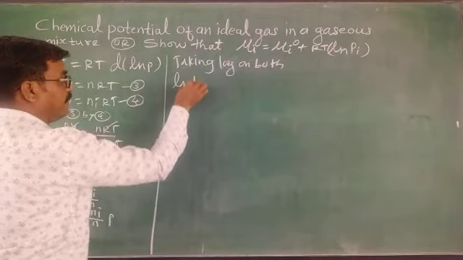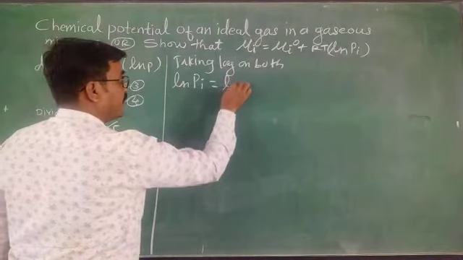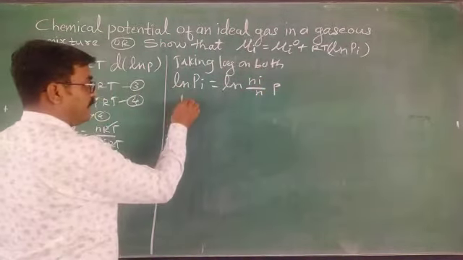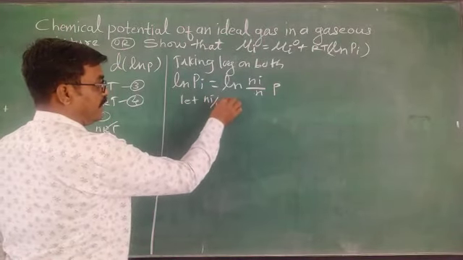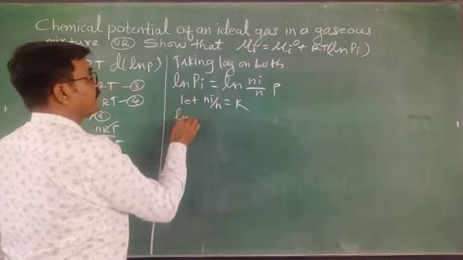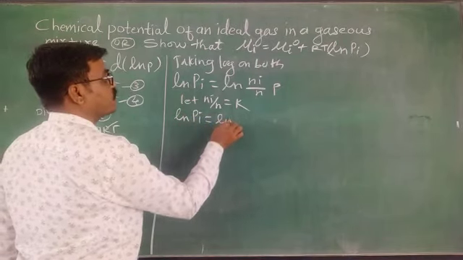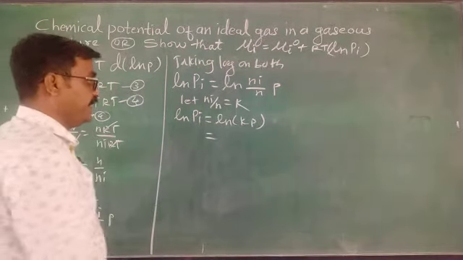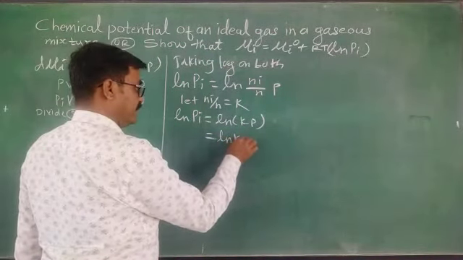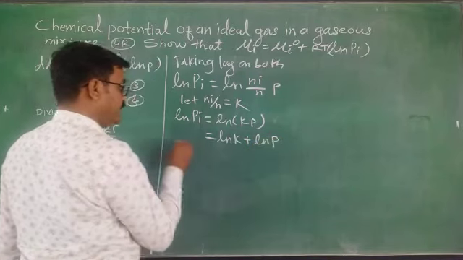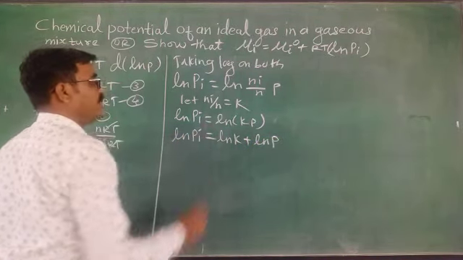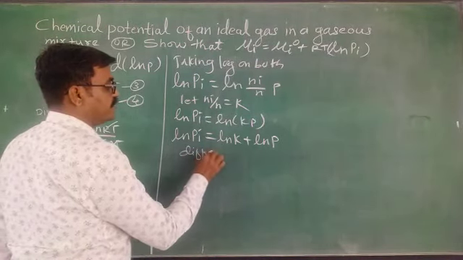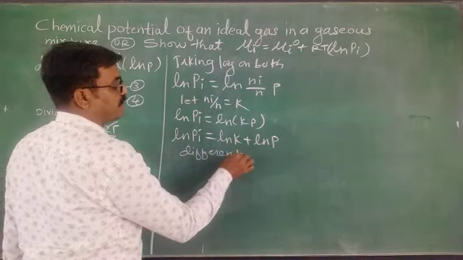That is, ln Pi is equal to ln of (ni upon n) into P. Let this ni upon n be k, which is a constant. That's why ln Pi is equal to ln of k into P. Further, by the rule of logarithms, ln k plus ln P is equal to ln Pi. Now differentiate on both sides.